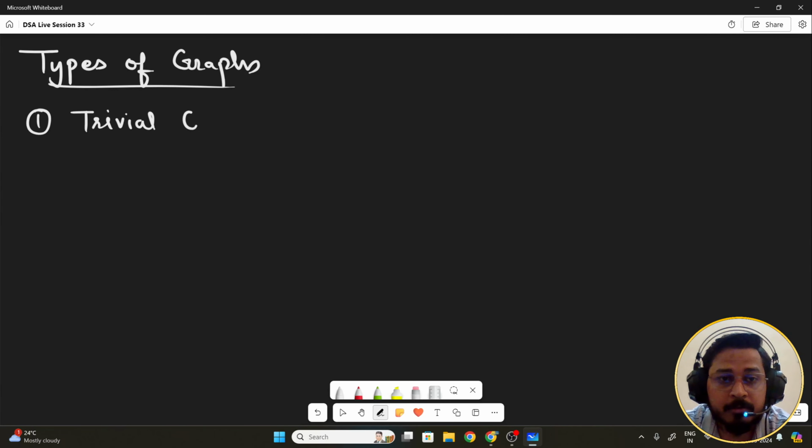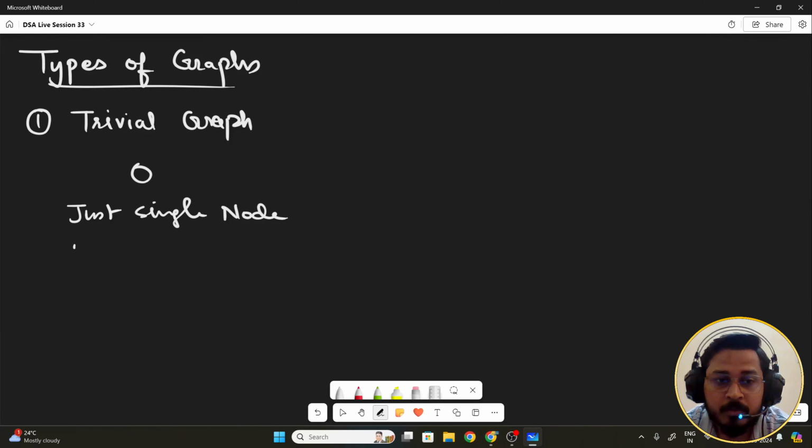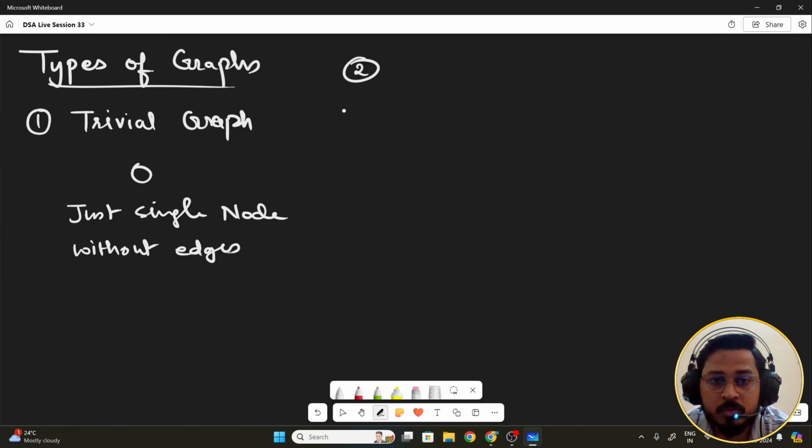We have the trivial graph. Trivial graph means just one node, a single node without edges. This is what you call a trivial graph. Number two, we can have a directed graph.